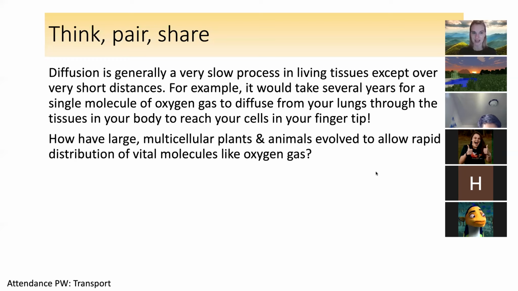All right, if we hadn't evolved this particular system in our body that allows for faster distribution, can you think of what that might be? So if they just had to diffuse from the tissue in my lungs and get to my fingertips, right?